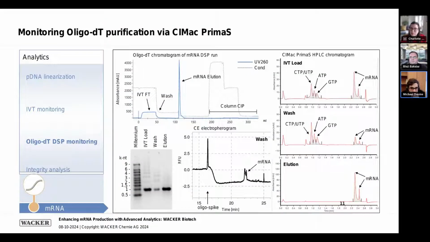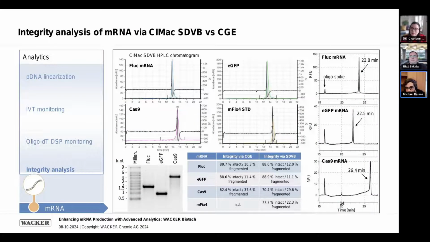Perfect. And what does the DF curve in your SDVB chromatograms represent? What do you use it for? Yeah, let me show this slide again. So you talk about this curve here. This is basically the first derivative of the tangent.